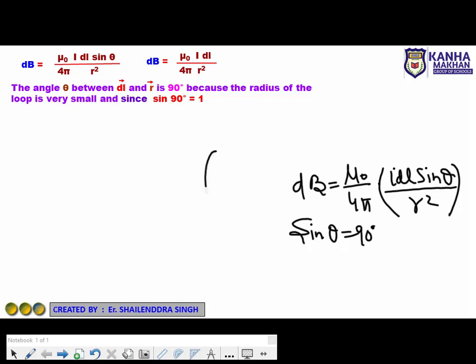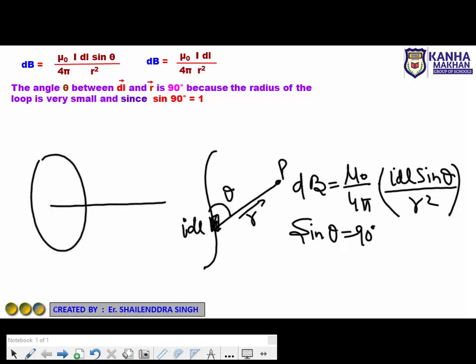In the previous video, I discussed this condition, the current element, and the point P. The position of it is r, and that particular angle was theta, as shown in the previous figure.